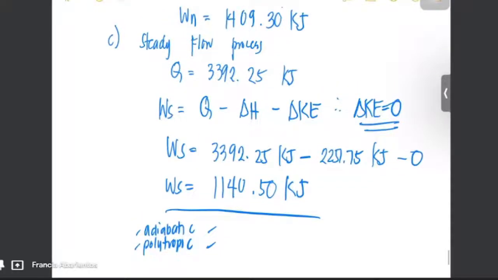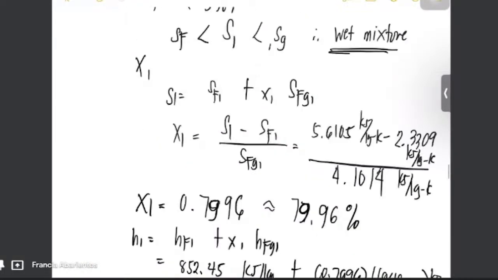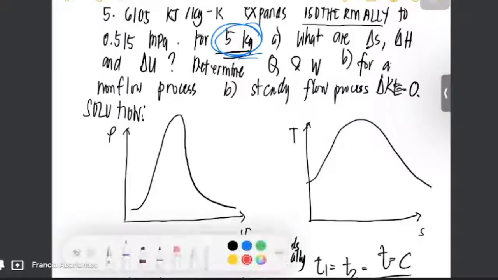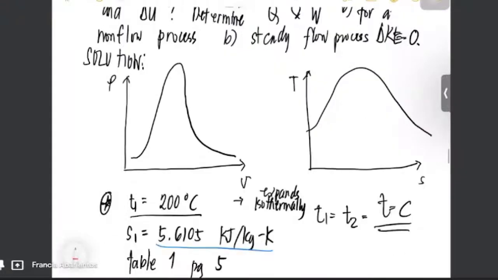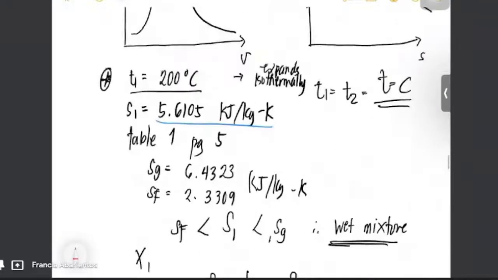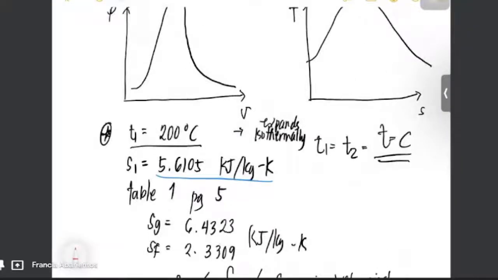So, balik tayo dito since... Ayan. Okay. So yun sa diagram class, di ba, nalaman natin that on the first state, that is a wet mixture, and 79. Di ba, 79. So, malapit-lapit dito siya, class.